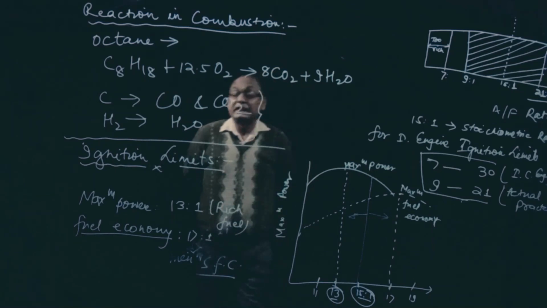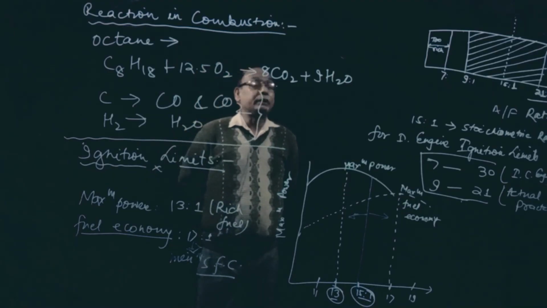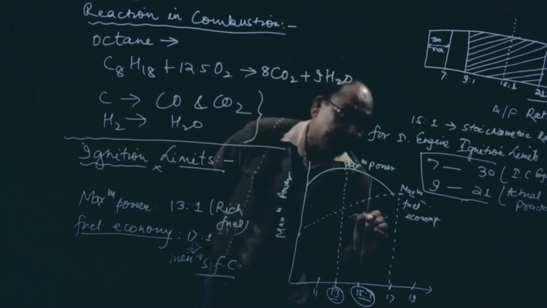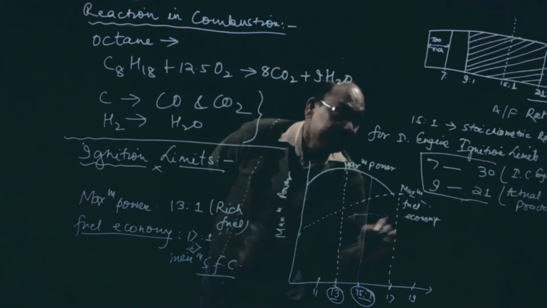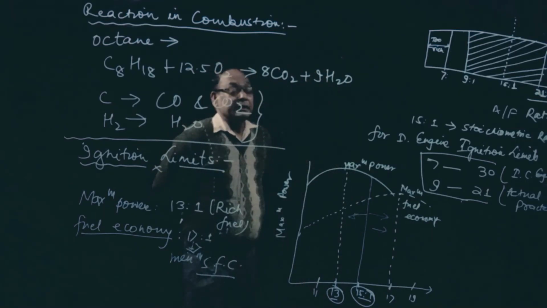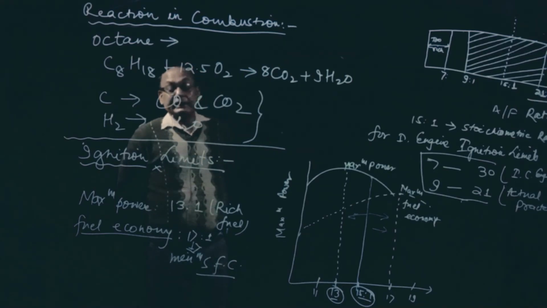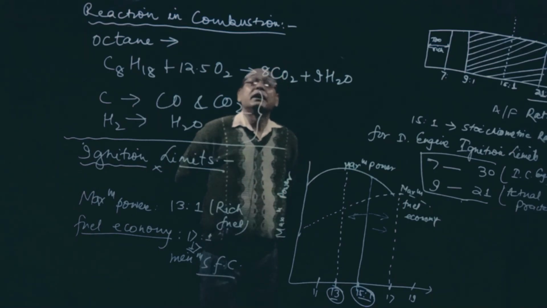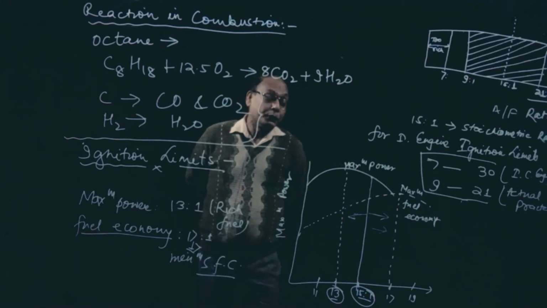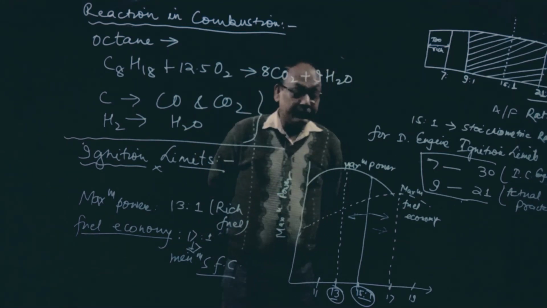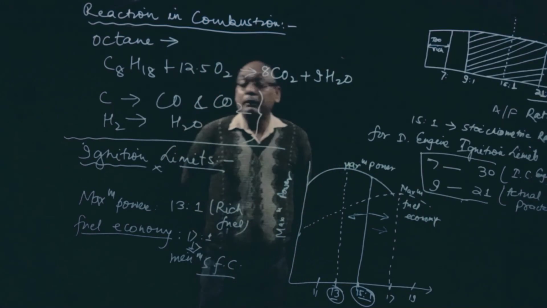So 13:1 is the rich fuel for maximum power, and if you want minimum specific fuel consumption, that is fuel economy, we have to go a little to the right of the stoichiometric ratio. At 17:1 it gives the best performance of the engine, that is fuel economy, consuming minimum fuel and giving better output. That way it is always advisable to run the engine at this ratio, near about 16, 17 or 18, not 13 or 14, because that consumes a lot of fuel. So these were the ignition limits.